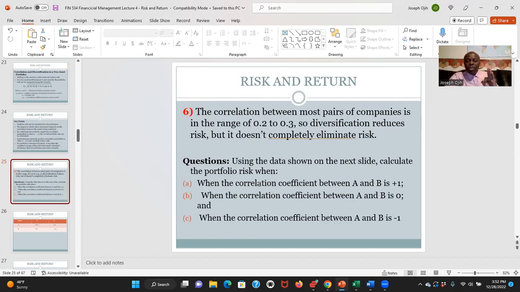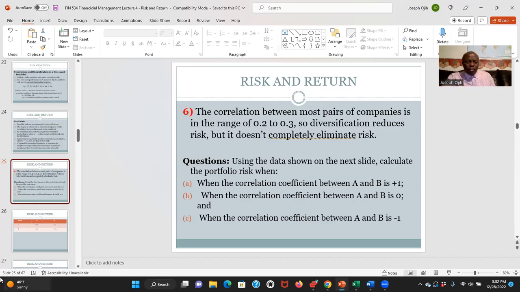Case A is when the correlation coefficient between A and B is equal to 1. Case B is when the correlation coefficient between A and B is 0. And case C is when the correlation coefficient between A and B is -1. With these three cases, which one will give you a better risk reduction due to diversification?